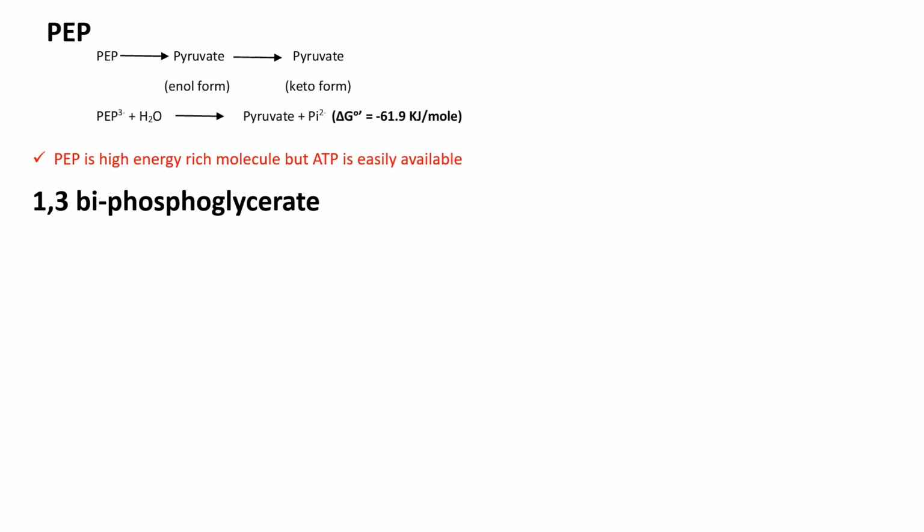Okay, the next energy molecule of the biological system is PEP, phosphoenol pyruvate. Now phosphoenol pyruvate converts into pyruvate. Now this pyruvate has two forms, the enol form and the keto form. In the enol form, the structure is this, whereas the keto form has the structure of this.